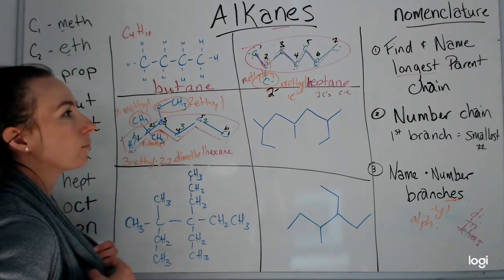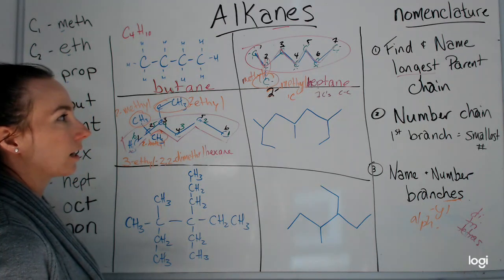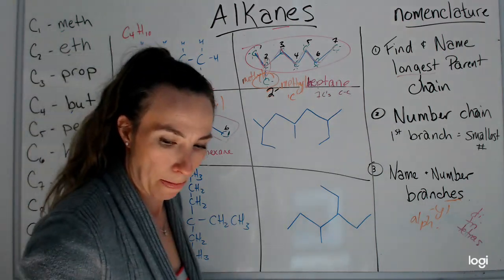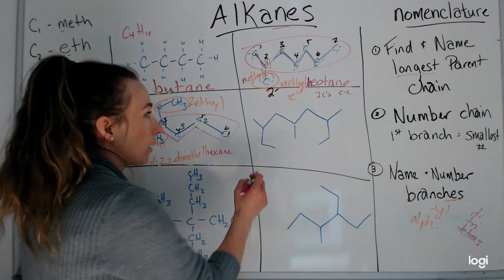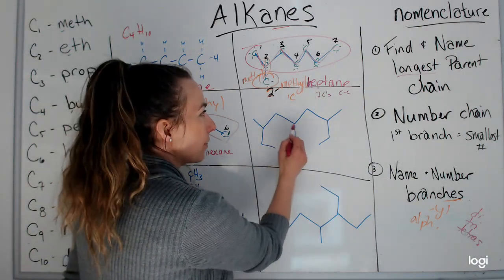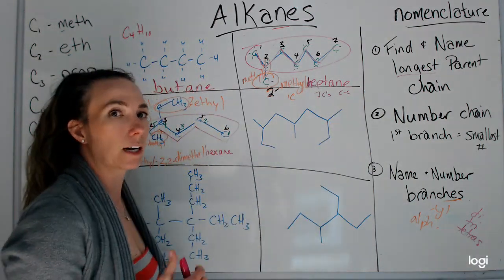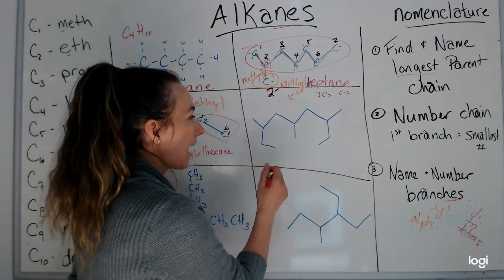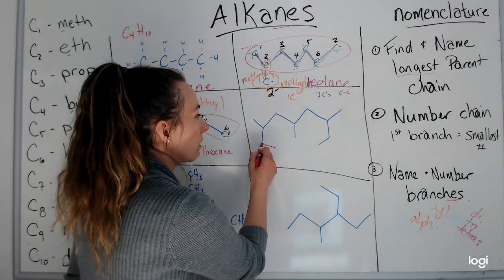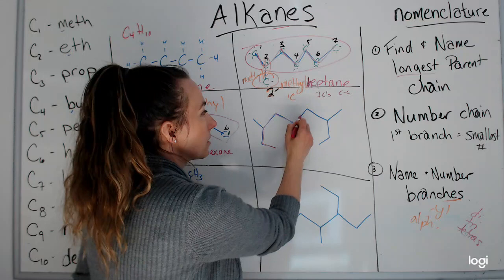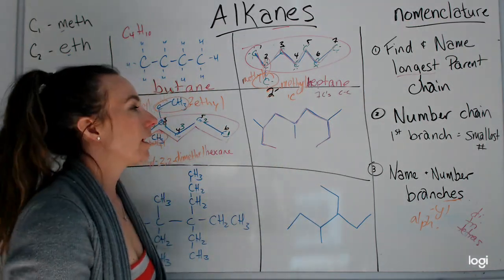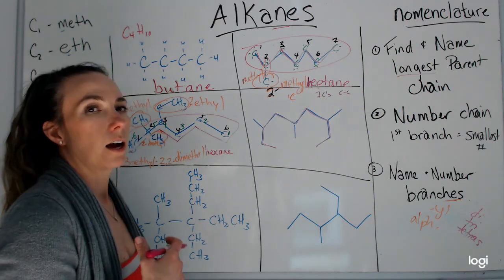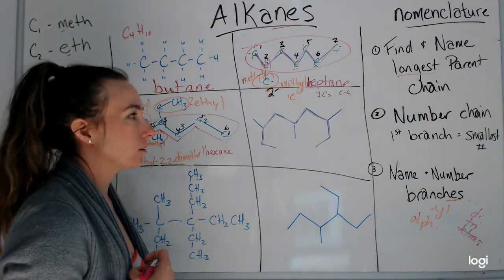Okay, we're going to practice that. We'll do it on this one too. So find my longest parent chain, right? I'm going to think it's going to go straight across. It's my first gut instinct, except actually, look, this is my longest parent chain. Okay, that's the longest straight line.